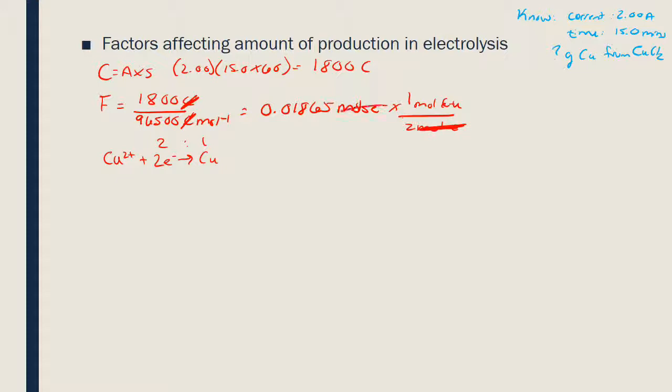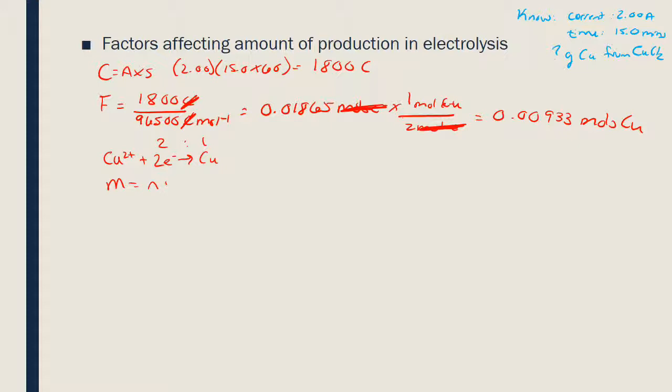So moles of electrons can cancel out. 0.01865 divided by 2 is going to give us 0.00933 moles of copper.